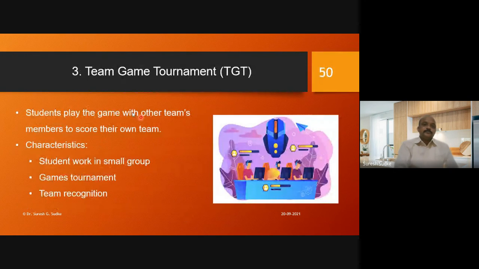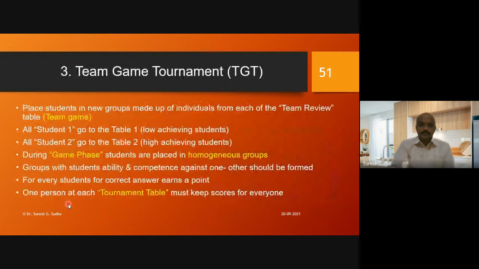Now, the students play the game with the other team members to score for their own team. So, what is the characteristic? The students work in a small group. It is a game tournament, and if the team score is very high, it will lead to team recognition.